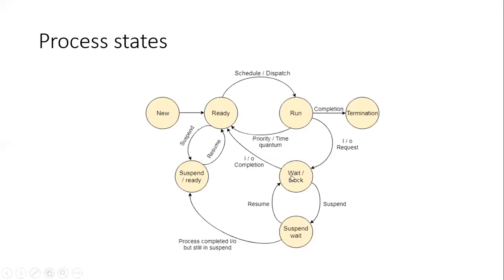If I want to execute that program, who will take responsibility to fetch it from the new state and put it into the ready state? There is one scheduler, called the long-term scheduler, which takes responsibility to fetch that program from secondary memory and put it into main memory.